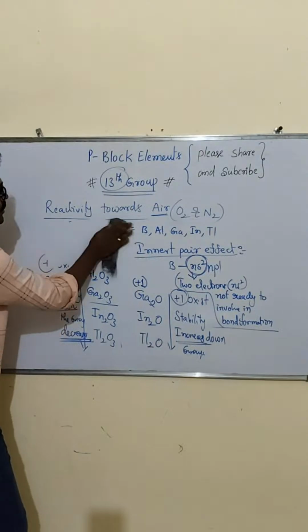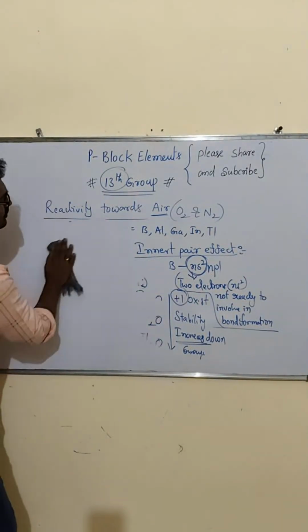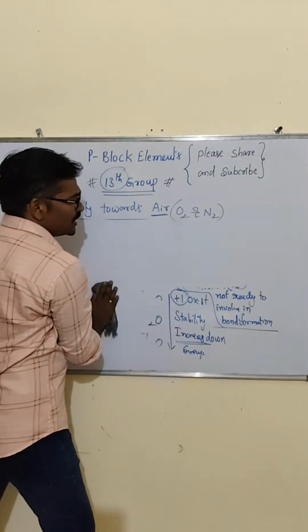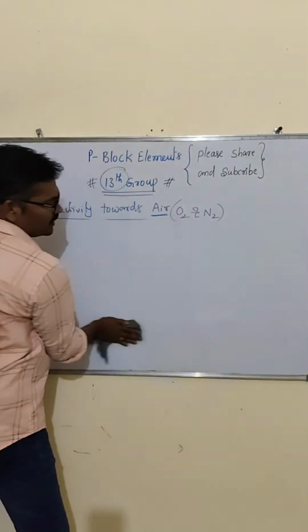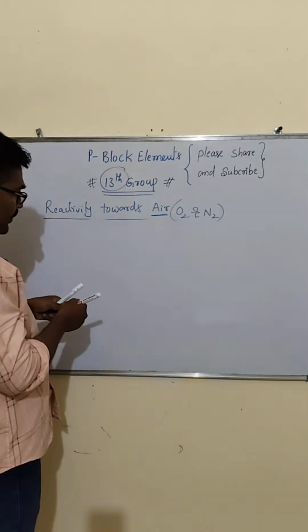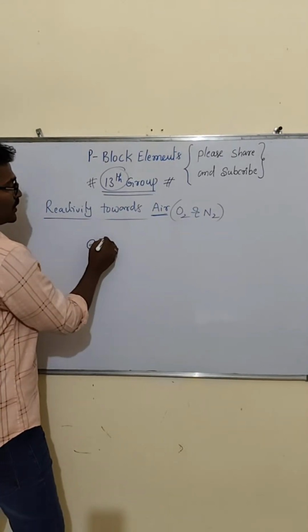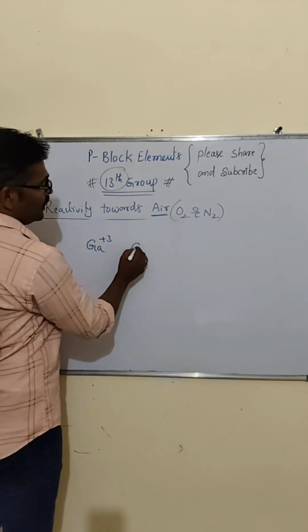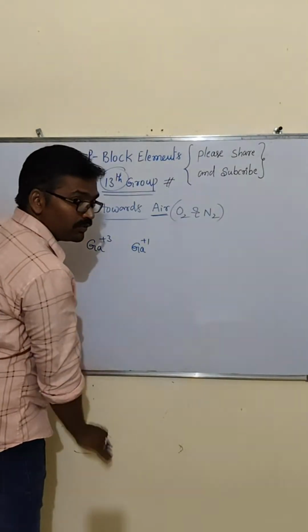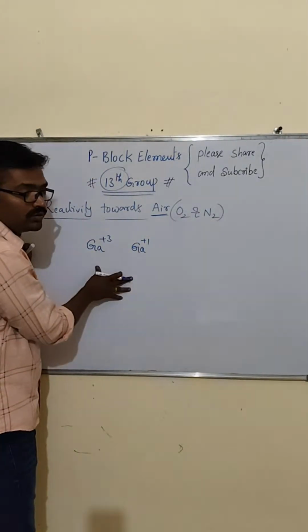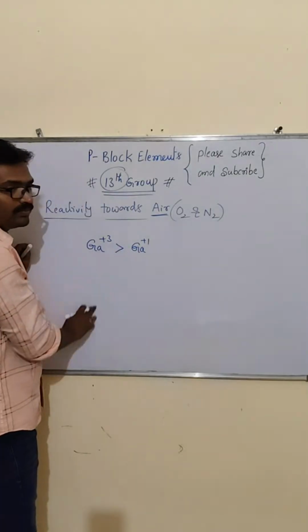So here, when we are discussing the oxidation states of oxides, from gallium onwards: gallium in the +3 oxidation state and gallium in the +1 oxidation state, of the two, +3 is more stable.